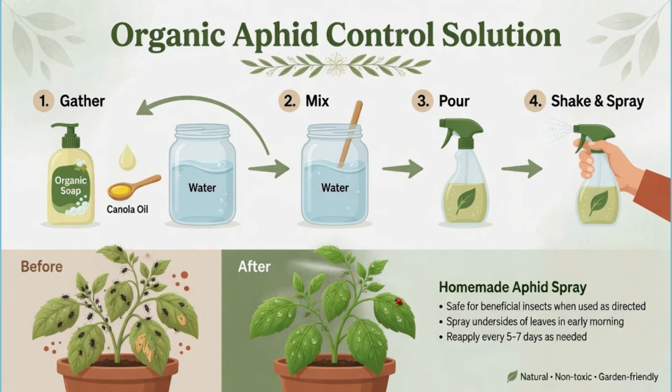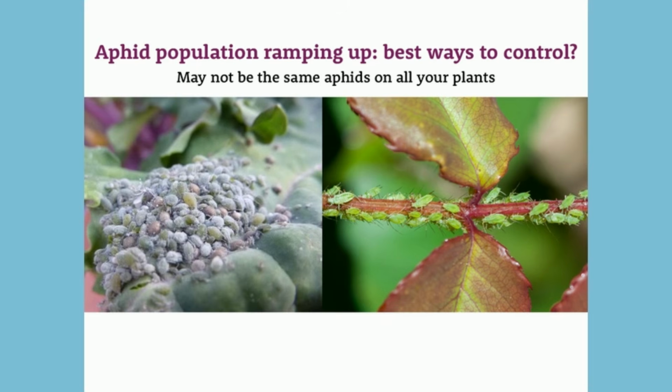And basically what you're doing is you're spraying that on the plant and you're rubbing those aphids off, and they will fall down pretty much onto the soil. Some of them will die just because as you brush the plant, they'll fall on the ground and they'll die. Some will get squished, some will just fall off.